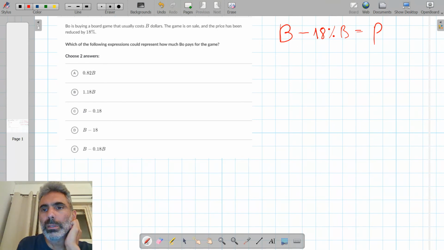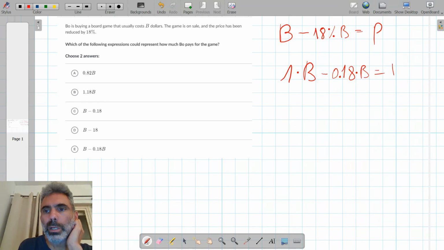Okay, B minus 18% of B is the same thing. It's like 1 times B minus 0.18 times B. That's the price after discount. So 1 of something minus 0.18 of something is the difference between 1 and 0.18, which is 0.82.